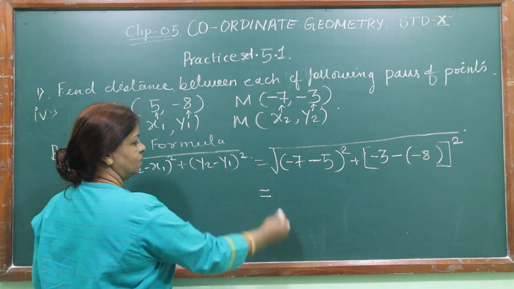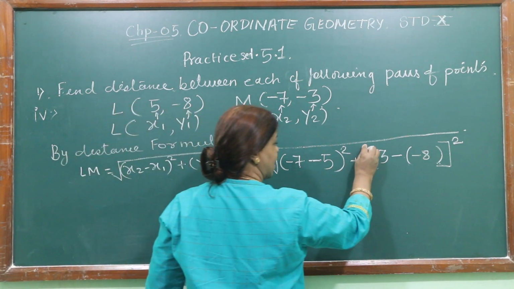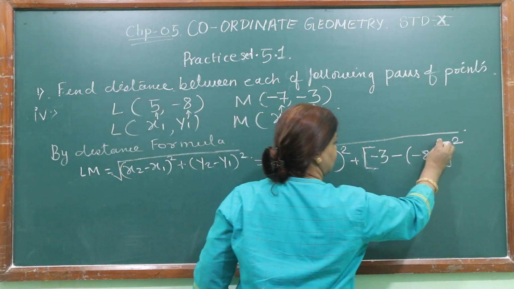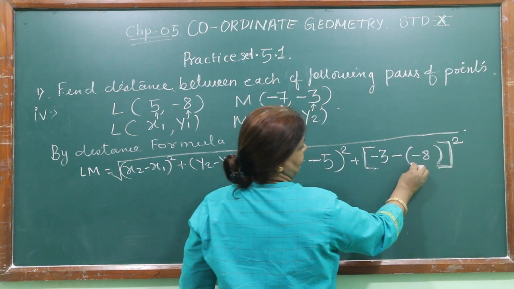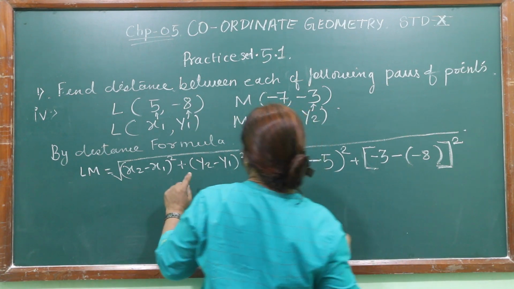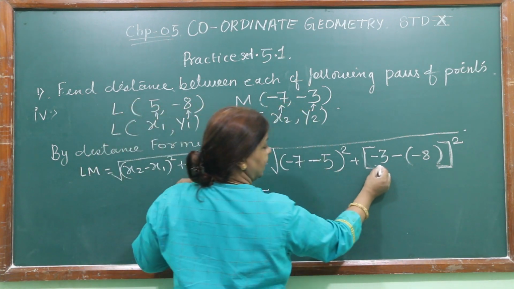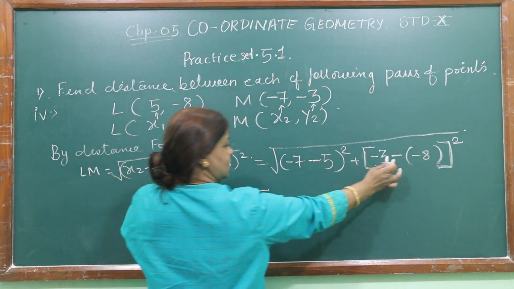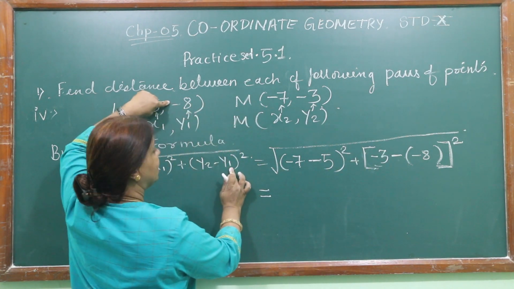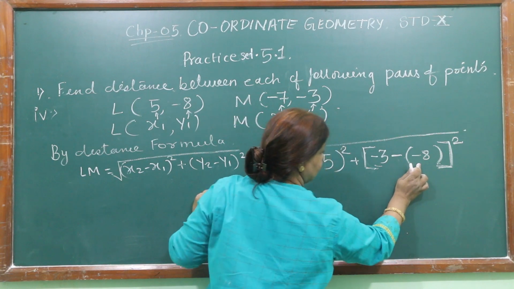Let us, this is known as square bracket, children. Inside the square bracket again we are using a bracket. Why? Because y2 is minus 3, then minus, this is minus, so minus, then y1 is minus 8, then minus 8.